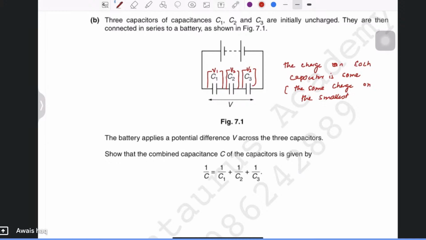Whatever the charge on the smallest capacitor is, that would be the same on everybody else. So charge is the same on all of these. Then the total voltage, which is V, is given by the sum of all potential differences. Okay, so we're going to use this.